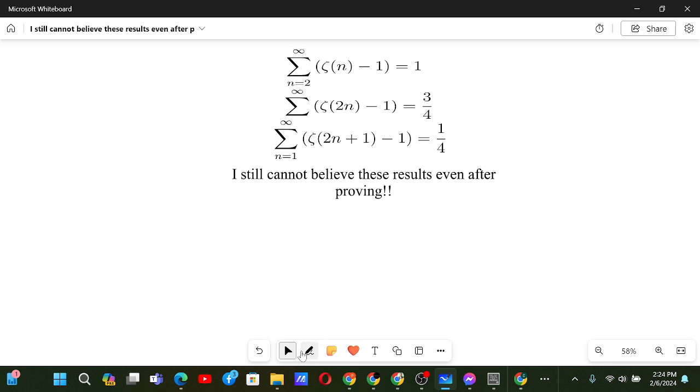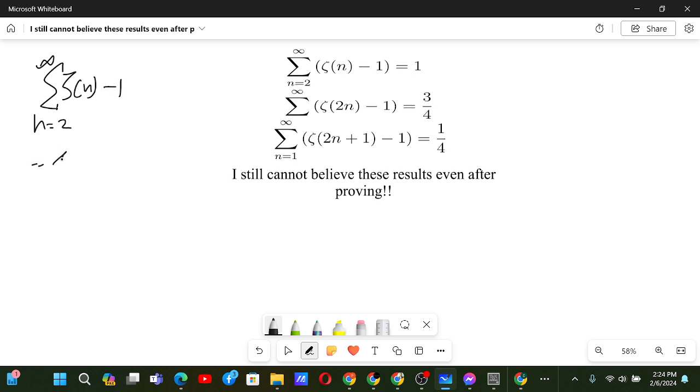I still cannot believe these results even after proving them. Their proofs are not that hard, we can easily get the results. But the fact that if we are summing from n equals 2 to infinity of Riemann zeta of n minus 1, so basically we are summing Riemann zeta of 2 minus 1, then Riemann zeta of 3 minus 1, Riemann zeta of 4 minus 1.